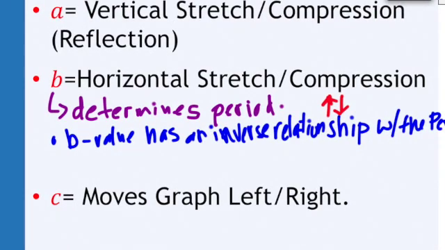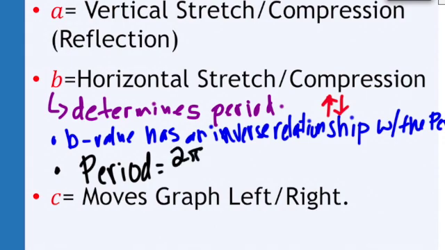How did we calculate the period though? Let me make this more like a formula. The period is going to be equal to whatever the original period is, so in this case 2 pi, and then we're going to divide it by whatever the b value is.